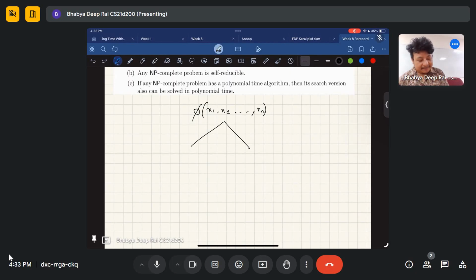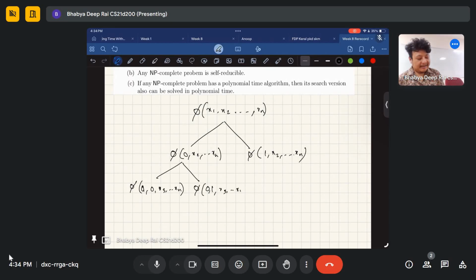So phi of 0, x2 and so on till xn, and phi of 1, x2 till xn, then phi of 0 0 x3 to xn, then phi of 0 1 x3 to xn, and phi of 1 0 x3 to xn, and phi of 1 1 x3 to xn.